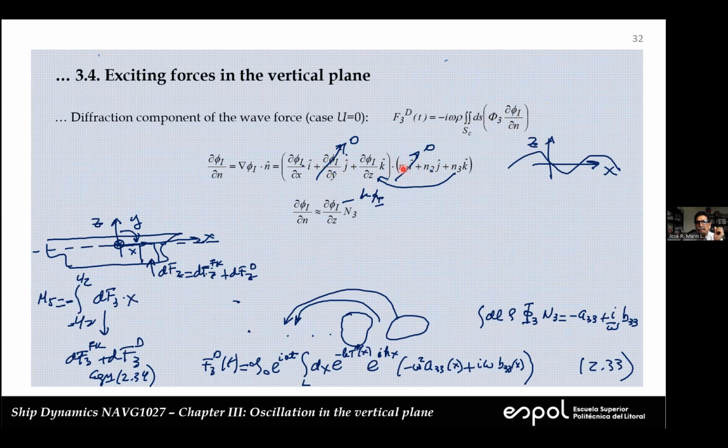So N1 is small and negligible. If we take this dot product, the only term which is going to survive is the third component. So this dot gives you this. The other terms are basically equal to 0. So this term here is going to be replaced by this one here.